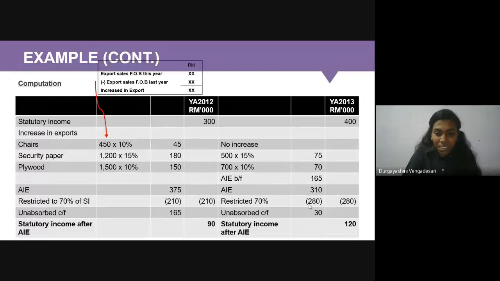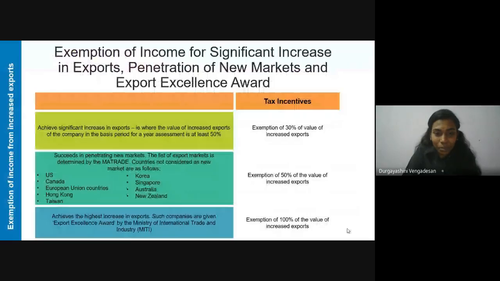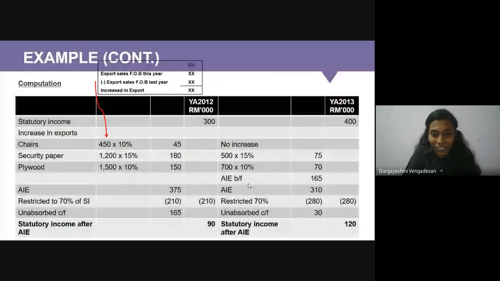Then 310 minus 280, we will get the unabsorbed allowance for increased export, which we should carry forward to next year. Then the statutory income minus the 70% of statutory income, we will get the statutory income after allowance for increased export. So you all can catch up, right? You all understand?